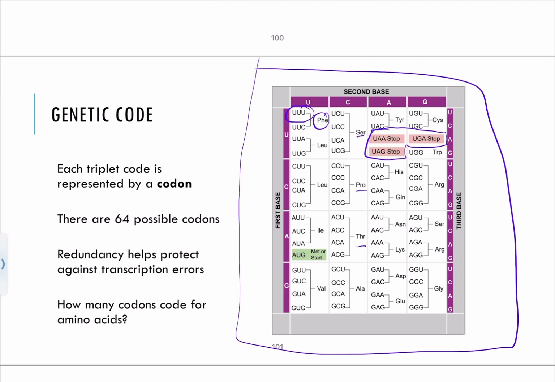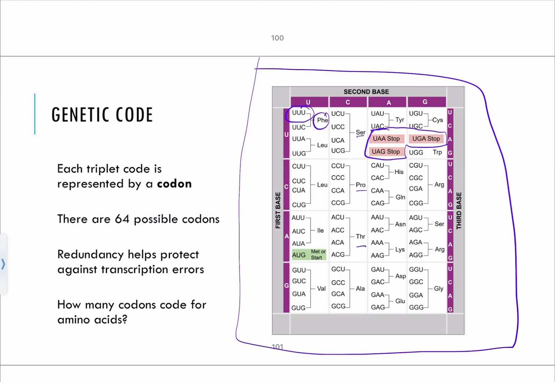When the ribosome comes across one of these 3 codons, so either UAA, UGA, or UAG, it's not going to come in and lay down an amino acid. Instead, it's going to be a signal for it to stop. The ribosome is going to disassociate and fall off the mRNA, and translation is going to be completed.